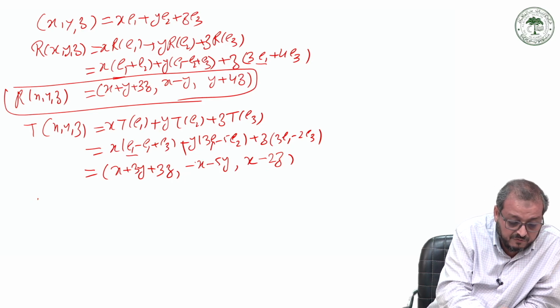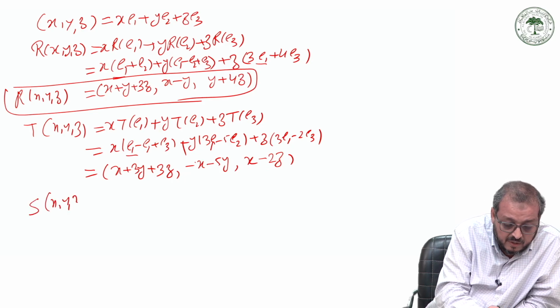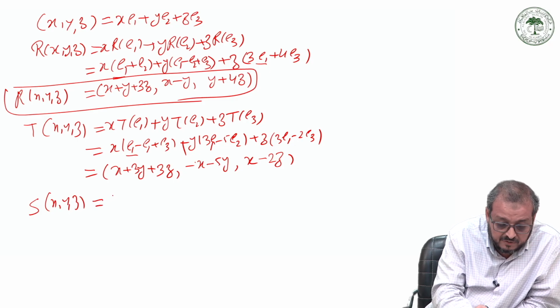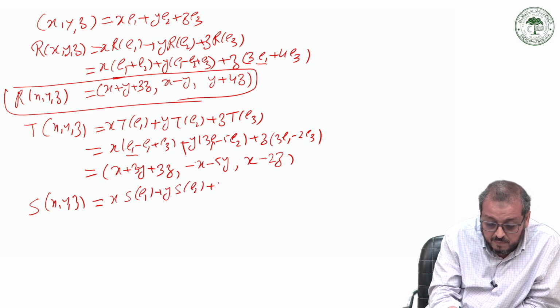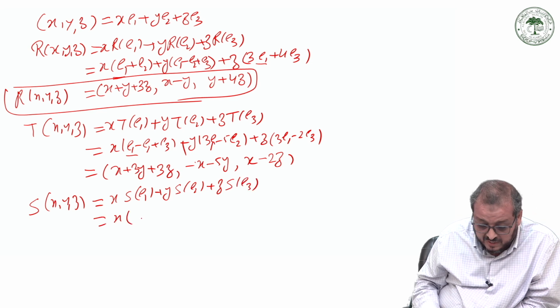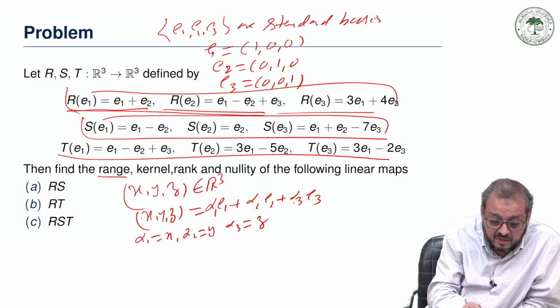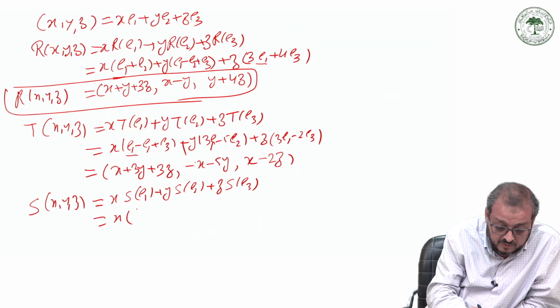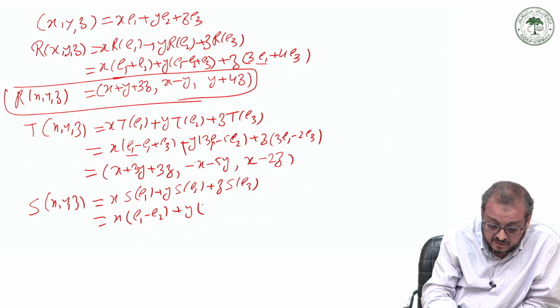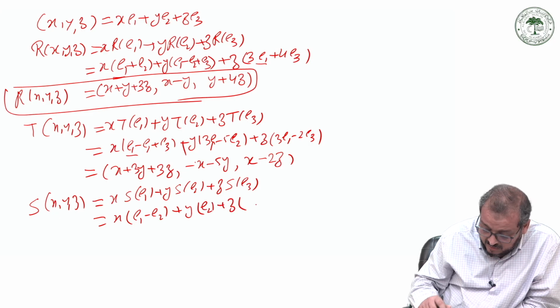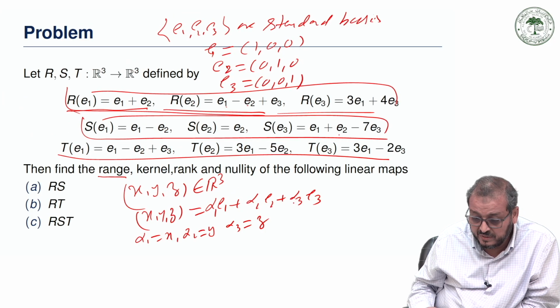In a similar fashion we can define S of x, y, z, which can be written as x times S of E1 plus y times S of E2 plus z times S of E3. S of E1 is E1 minus E2, S of E2 is E2, and S of E3 is E1 plus E2 minus 7 E3.